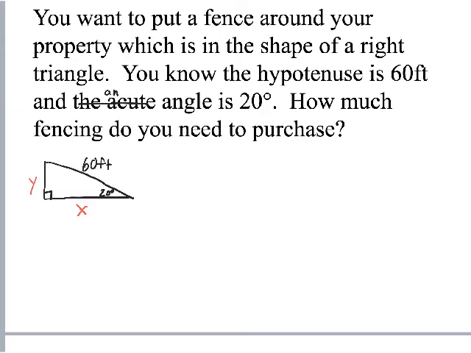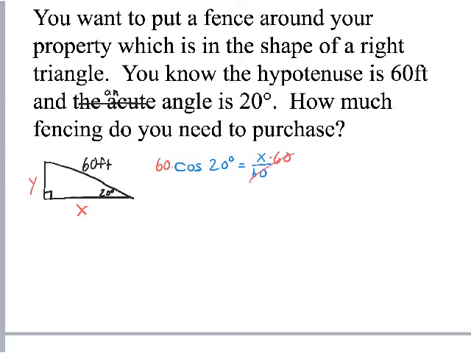Okay, so how do we find x? Well, I want to use trig. If I'm using 20 degrees and I want to use x, x is your adjacent and this is your hypotenuse. So what is adjacent and hypotenuse? It is cosine. So cosine 20 degrees is equal to adjacent over hypotenuse, and I'm going to solve it for x.